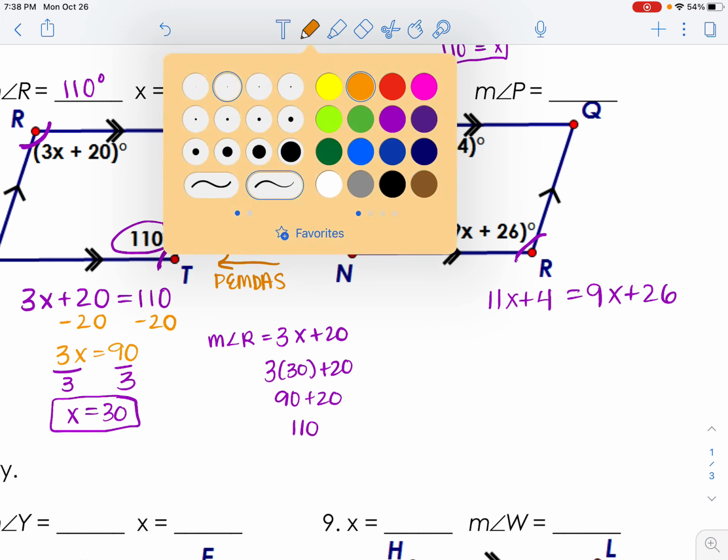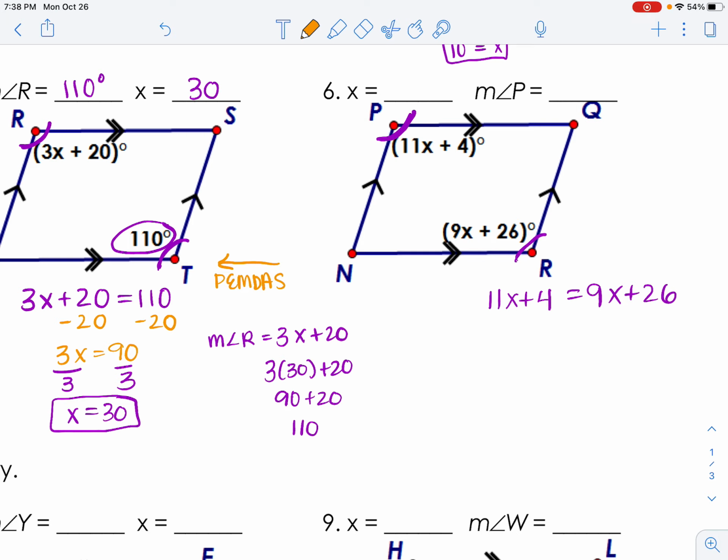Now I'm going to solve for x. I want to get all of the x's to one side, and I'll start by moving the smaller x. So I'm going to subtract 9x from both sides. That way I stay with positive numbers. So 11x minus 9x is 2x. Bring down the plus 4 equals 26.